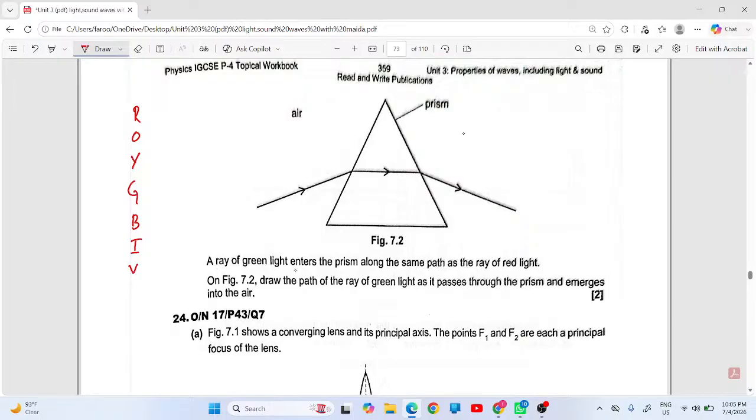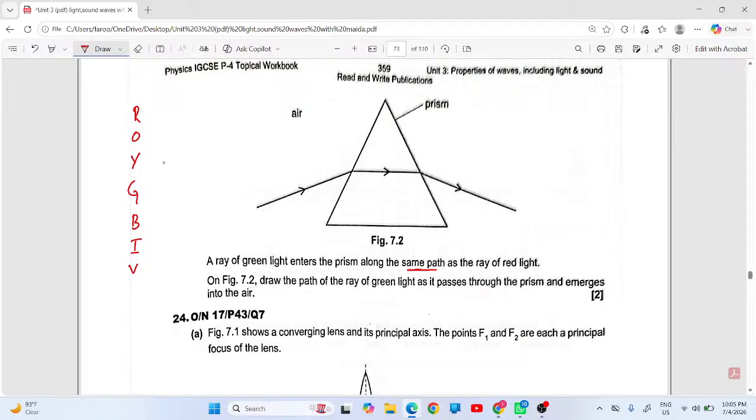A ray of green light enters the prism along the same path as the ray of red light. On figure 7.2, draw the ray of the green light as it passes through the prism and emerges into the air. तो आपको मैंने बताया हुआ सीक्वेंस.